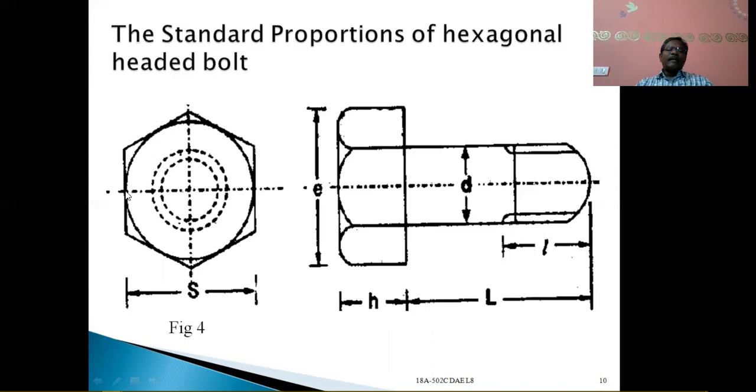And size across flats is the same as in the previous case, and from corner to corner this will be E, same as in the previous nut, and this H will be the height, and L will be the length of the bolt, and small l will be the length of the threaded portion, and D will be the nominal diameter.